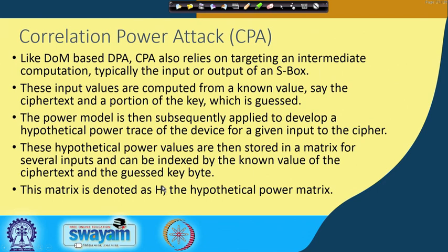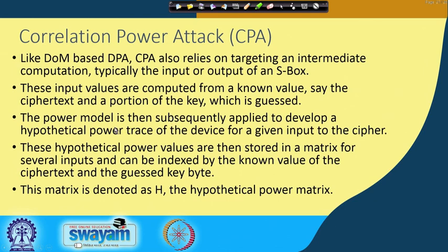As we were discussing in the last class, in correlation power attacks, like the DOM, you go to your target byte location. But after that, there is a slight subtle change. In the difference of means, you are trying to calculate one of the bits, for example.